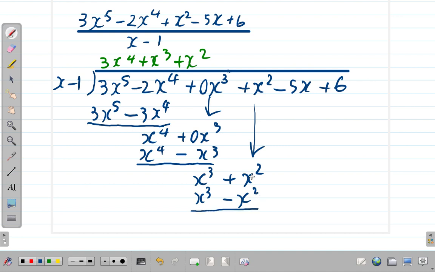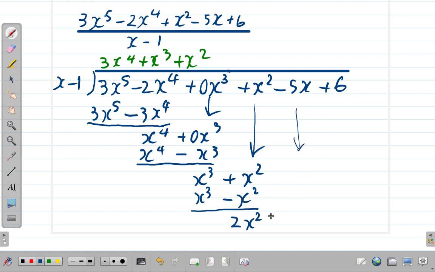And you subtract. 1x squared minus negative 1x squared, it will be like 1 plus 1. So you have 2x squared. It's 2x squared. You subtract.